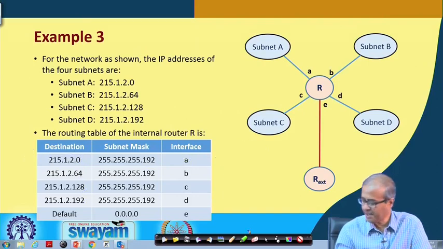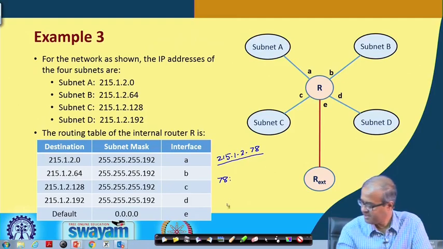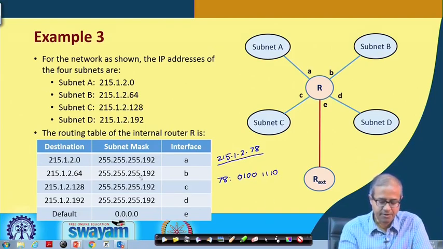Let us look at the second packet now. The second packet had the address 215.1.2.78. What is 78 in binary? 78 in binary is 0 1 0 0 1 1 1 0. Now, if you do a bit by bit ANDing with the mask, again 192 is this.